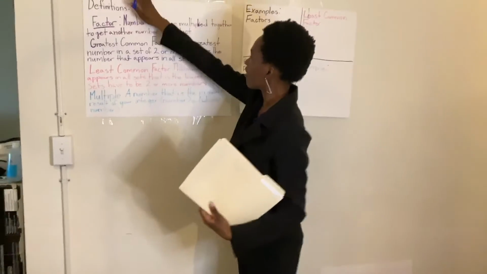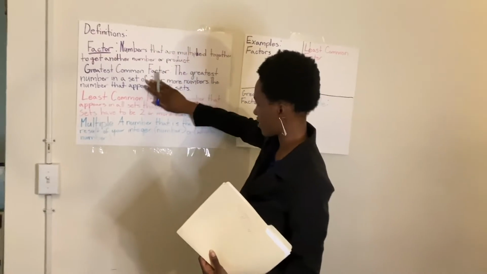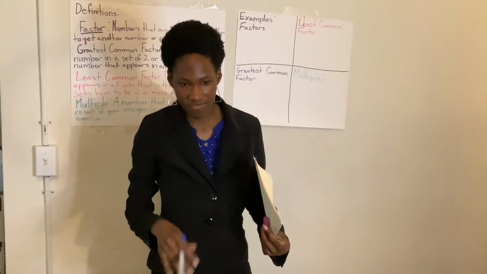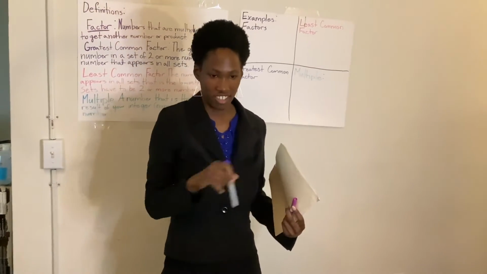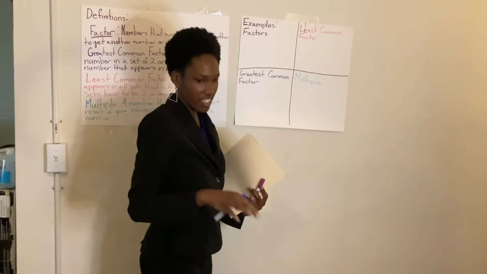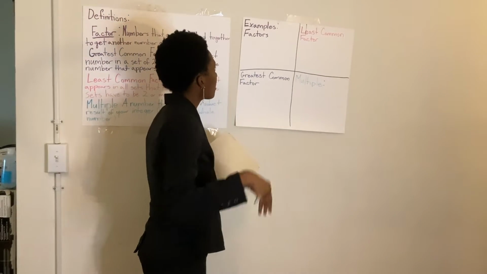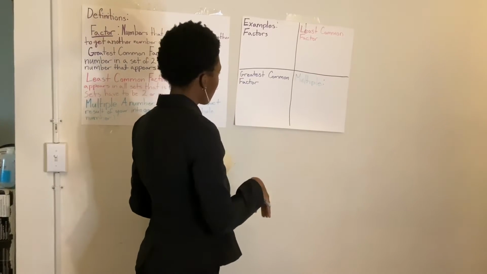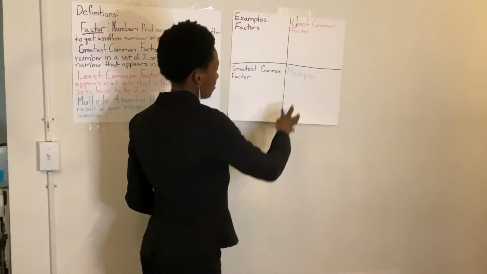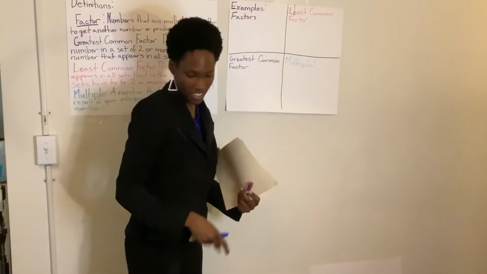And I already put up the definitions here. We already took independent time to write those definitions down in our notebooks. So now that you have that definition, I want you guys to think of some examples of factors, and then we'll do the greatest common, least common, and we'll do some of multiples as well.